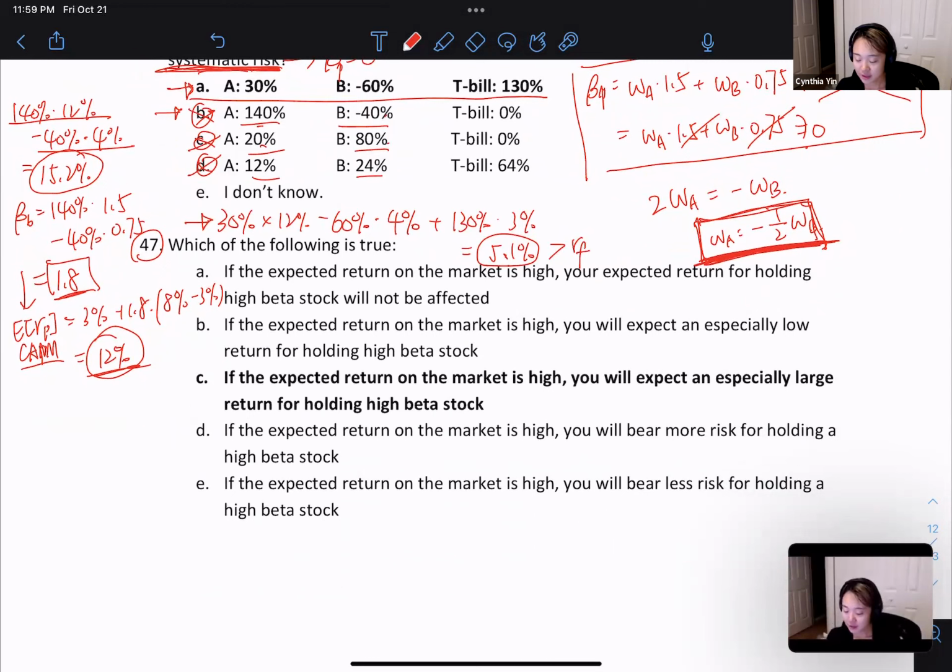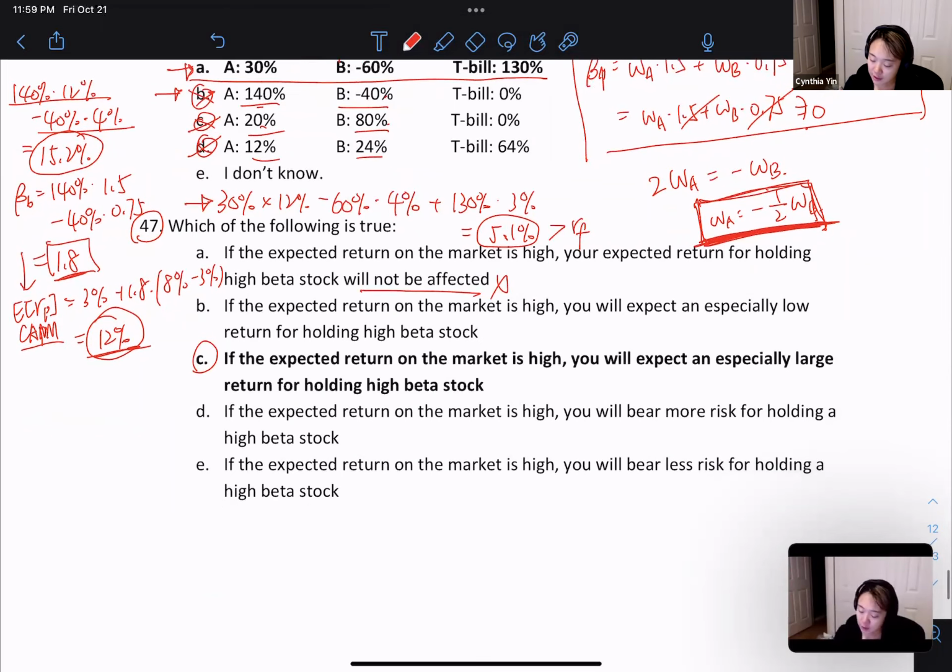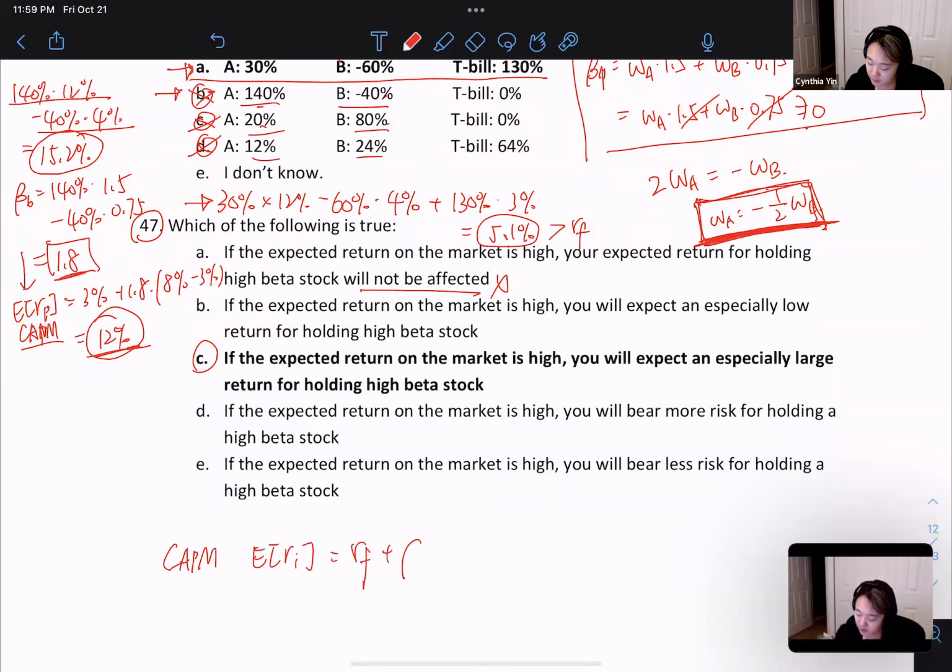Let's see it one by one, although C is the right one. Let's see A. If the expected return on the market is high, your expected return for holding a high beta stock will not be affected. That's not true because, let me write CAPM here: expected return equals RF plus beta I times (expected market return minus RF).